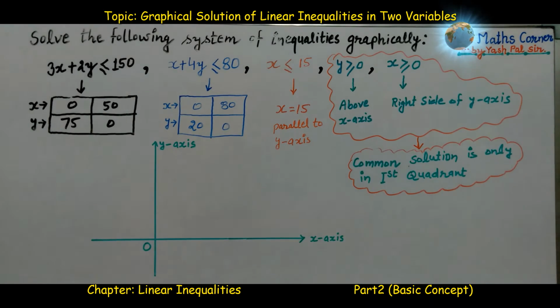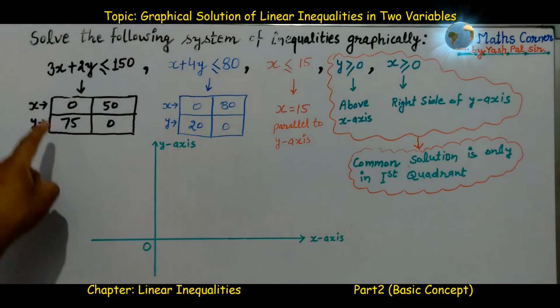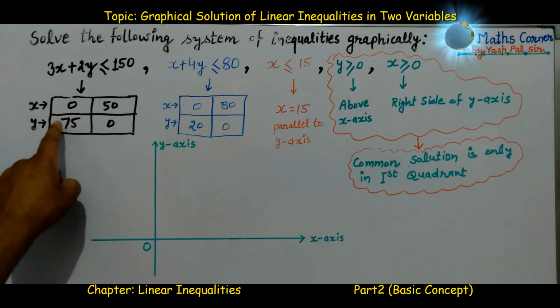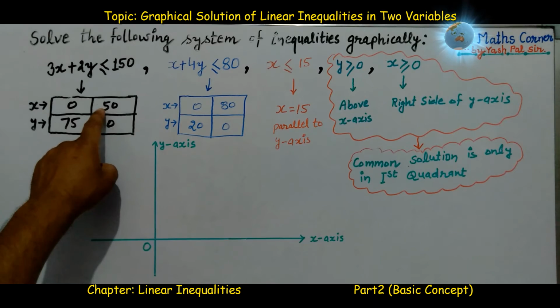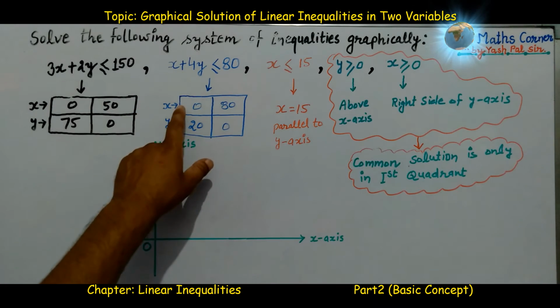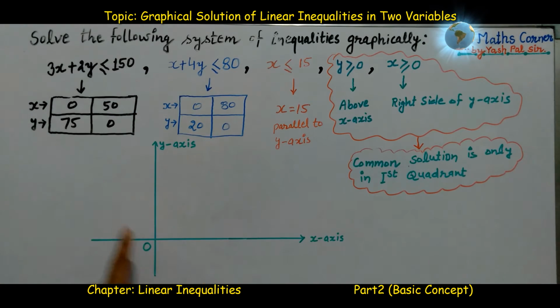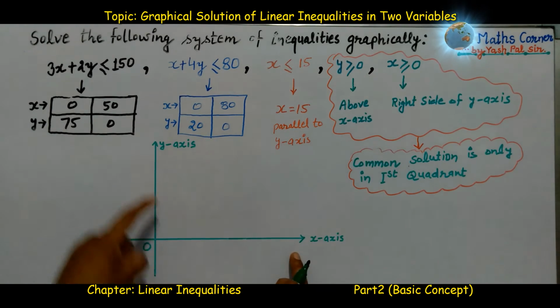Now taking the first inequality, the coordinates x value 0, 50 here. In the second inequality x is 0, 80. So this way we have to partition the x-axis and y-axis.